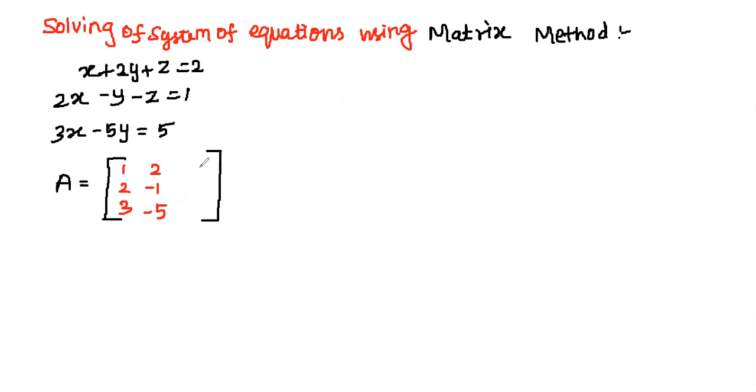And then column 3 contains the coefficients of z. You have 1 here and -1 here, and over here you don't have any z, so you have to assume that as 0. In case of no variable, you just put 0.